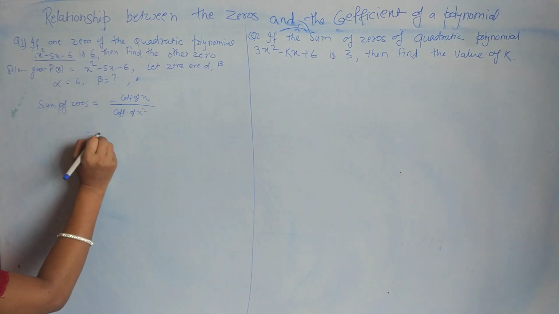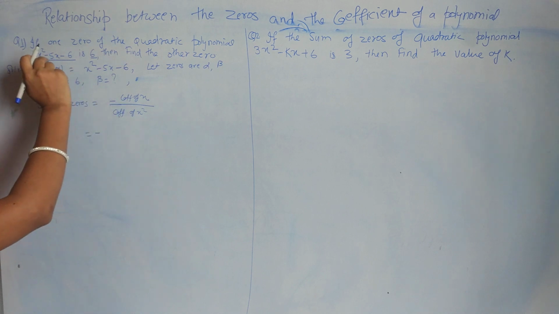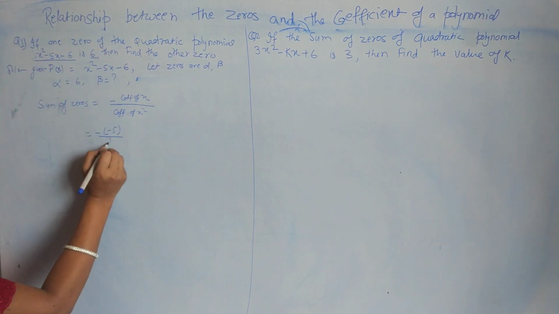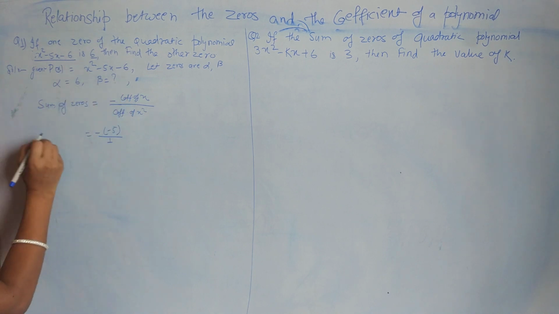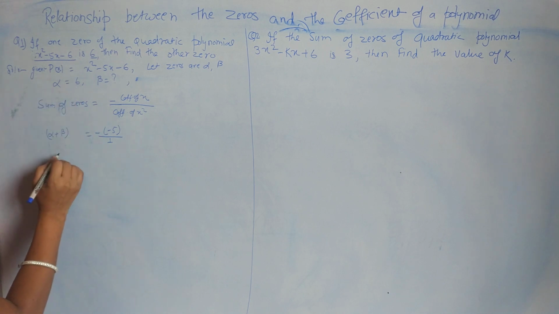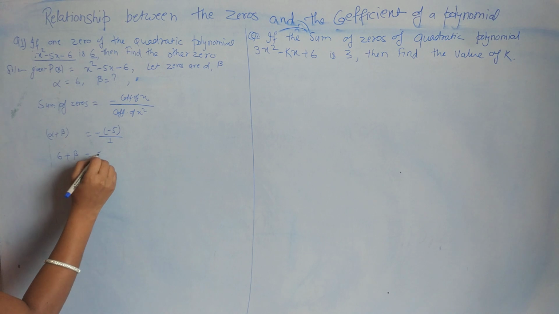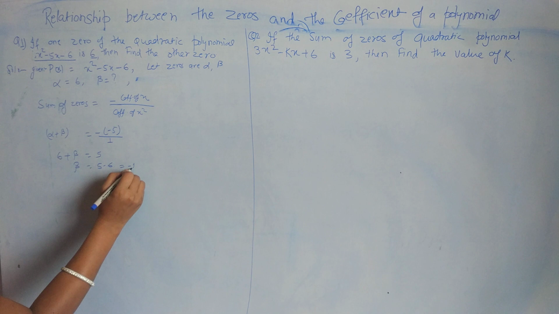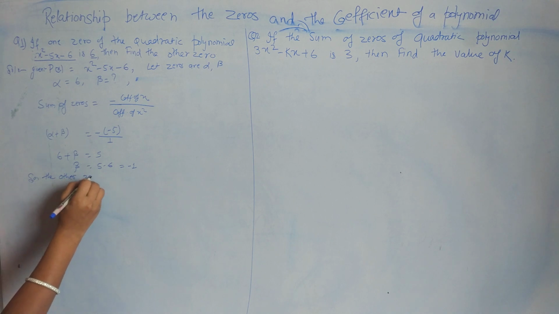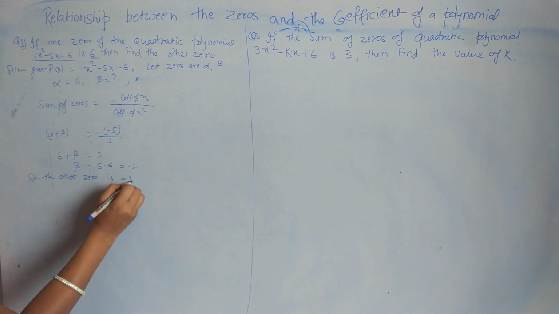The value is minus, coefficient of x is minus 5, coefficient of x square is 1, and the sum is alpha plus beta. Alpha is 6, so 6 plus beta equals 5, or beta equals 5 minus 6, which is minus 1. So the other zero is minus 1.